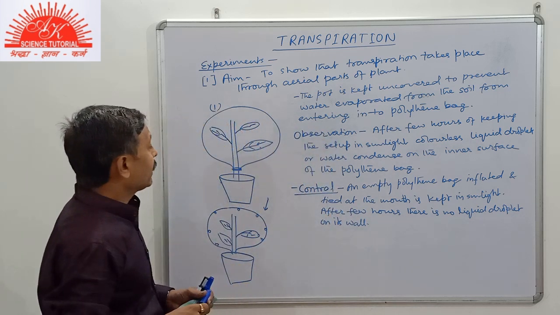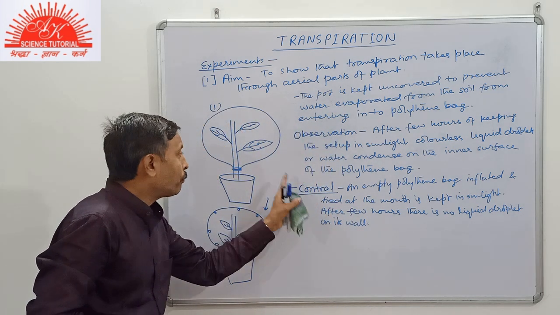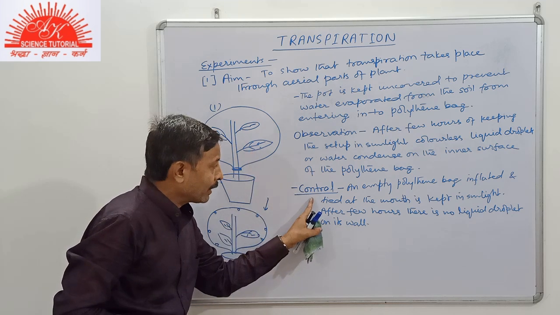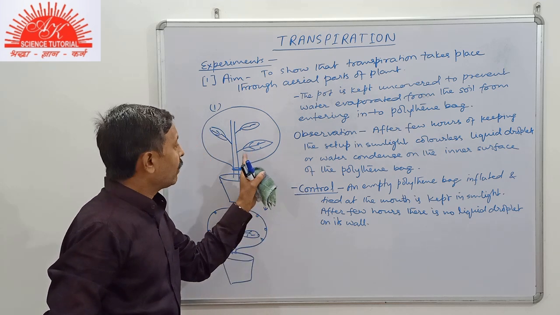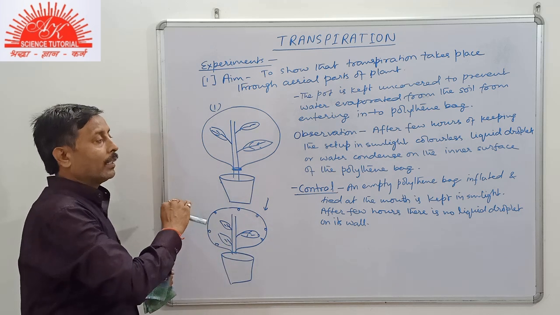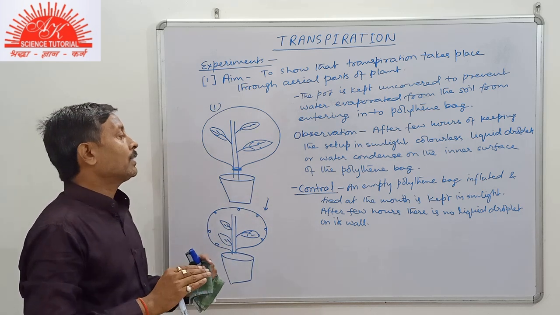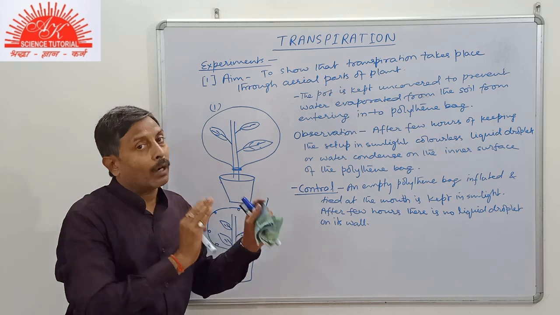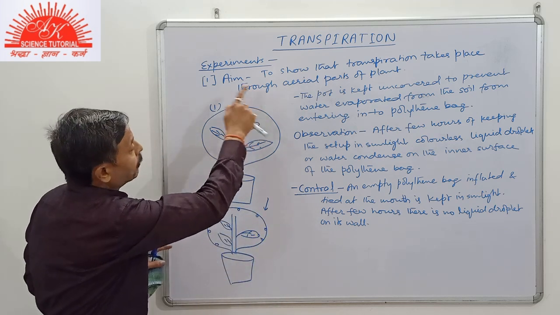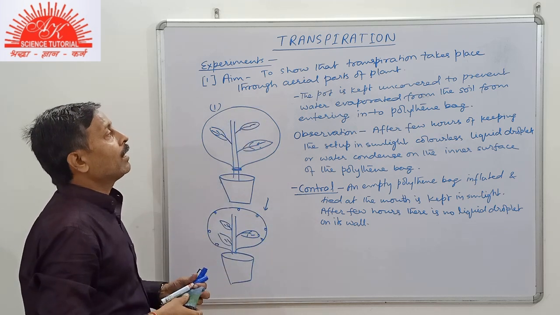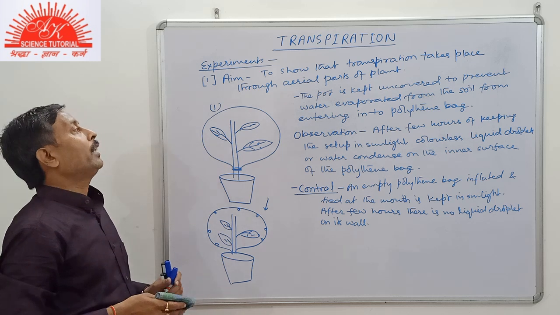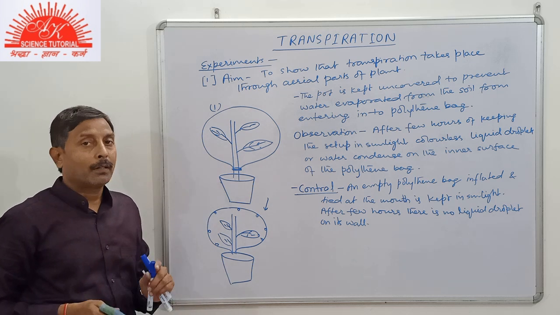Thus we see that since there is no plant part or aerial part of the plant inside the polythene bag, there was no evaporation of water, there is no transpiration, and hence there is no condensing of water droplets. So this experiment indicates that transpiration takes place through aerial parts of the plant.